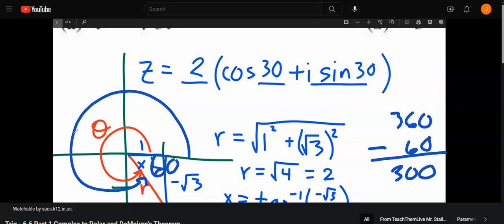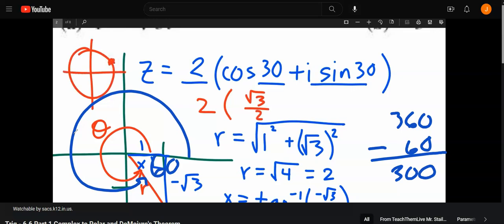You better correct this. This 30-degree answer is not right. It should be 300. These should be hundreds. I wonder why.